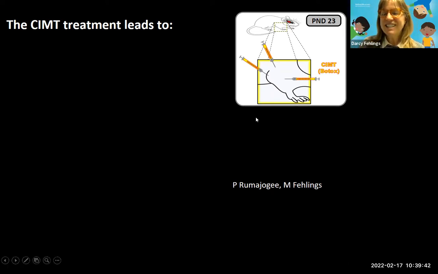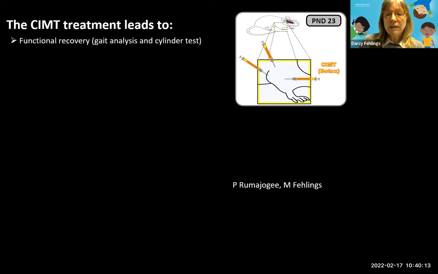One of the things that the basic science group needed to do is figure out how to mimic constraint therapy. Their early trials were with little casts on the rodents, but the mama rodents quickly took the casts off. And so eventually the group started to constrain the limb with Botox injections.